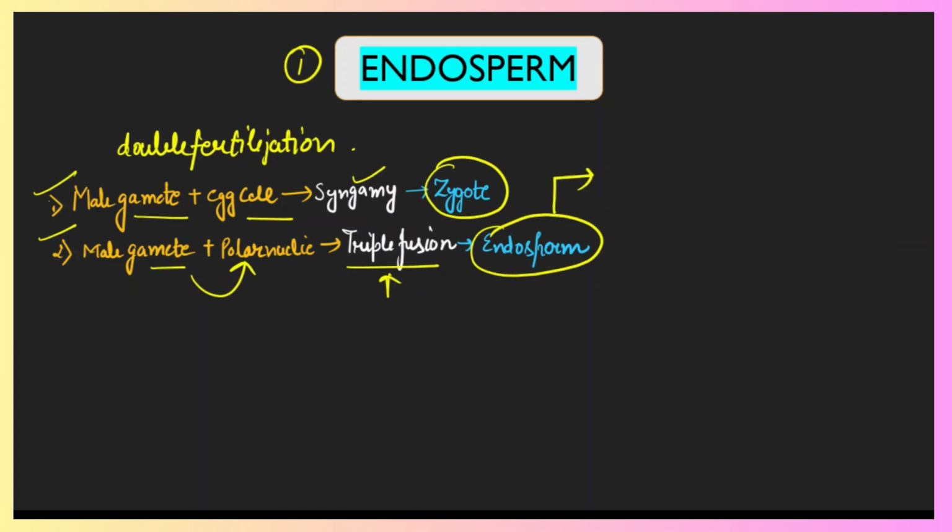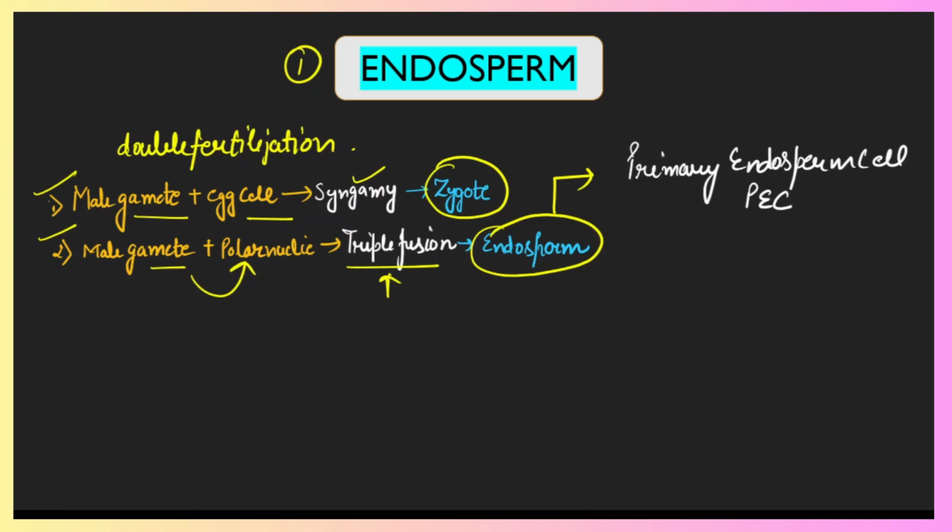Now let's talk about the endosperm. In the previous class we discussed the primary endosperm cell, which is also called the PEC.